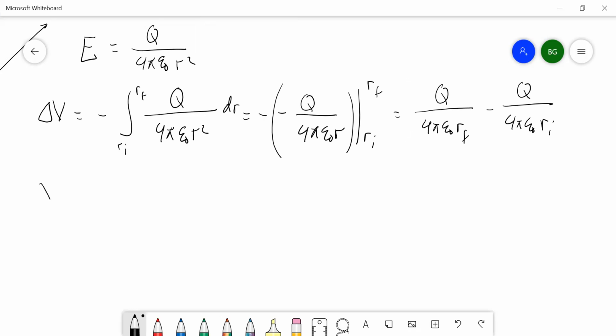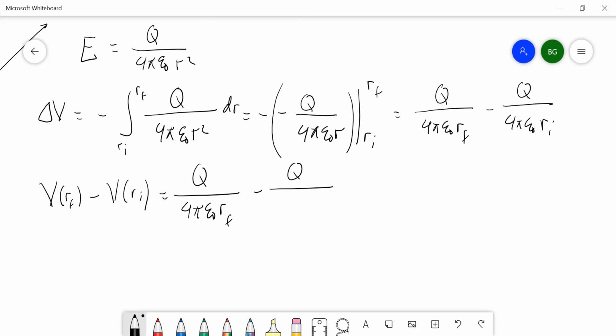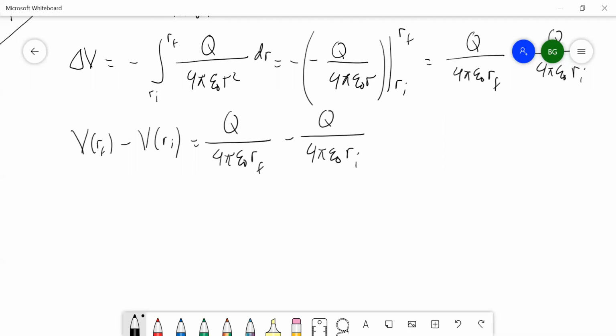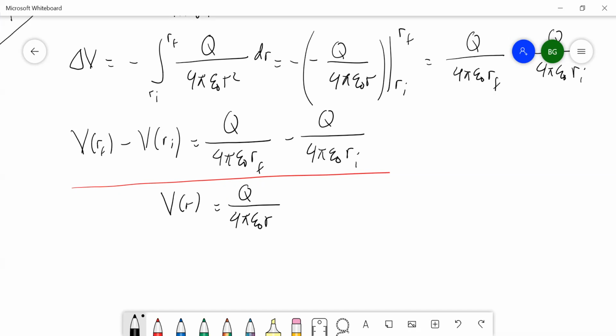So from this expression, intuitively, we could say that this V(R) is given directly from the above expression.